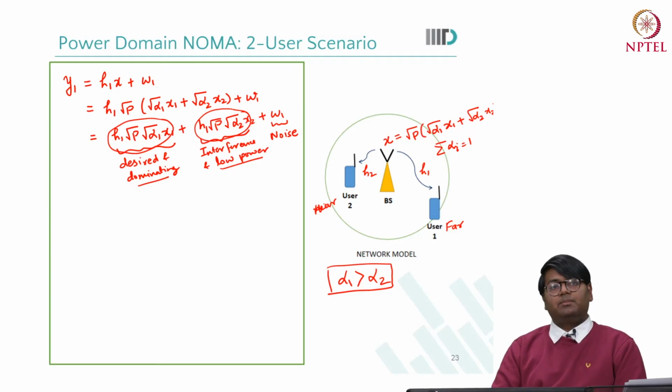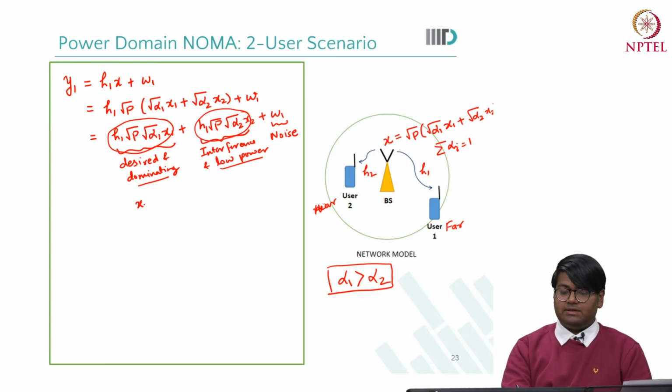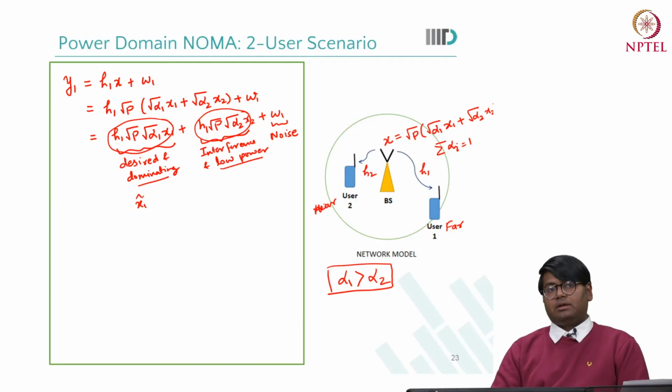Rather, we can better estimate my message for user 1. Since we have this condition that the power allocation factor for user 1 is greater than user 2, we can easily decode the user 1 signal. That is, we can easily estimate the message for user 1.